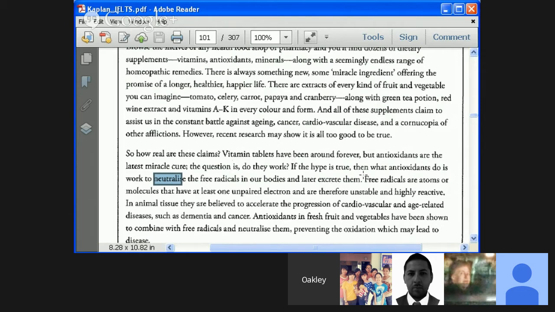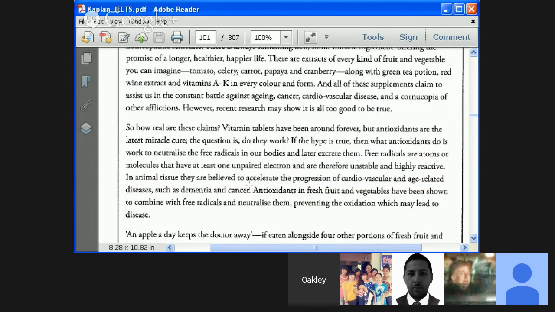If I read on, free radicals are atoms of blah, blah, blah, what they are, what they do. Now, I haven't really definitively seen that it's true. I saw if it's true, then they do, and that's not good enough.